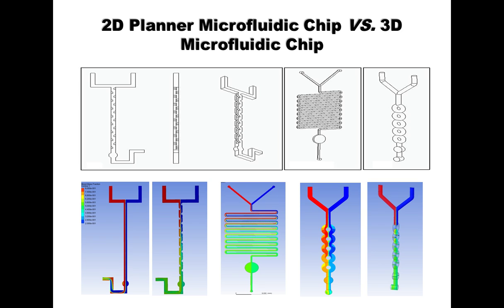Here I want to make a new introduction to three-dimensional microfluidic chips. For the past few years, we mostly focused on 2D planar microfluidic chips, like the very typical standard planar chip shown in the middle of the top panel, which is a serpentine channel with a zigzag planar channel geometry for fluid mixing.